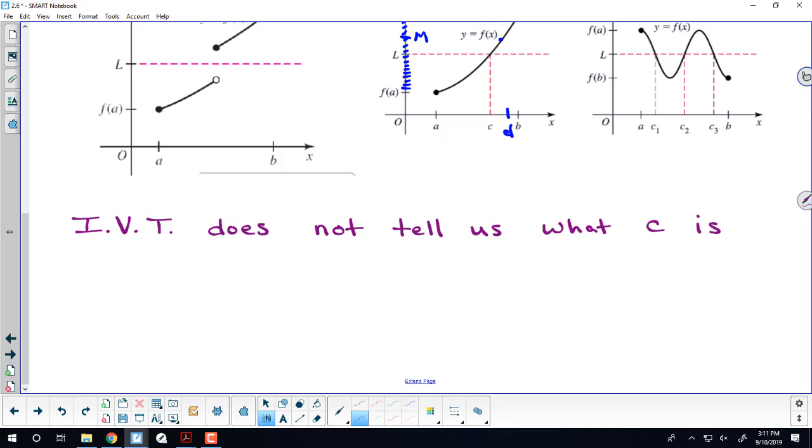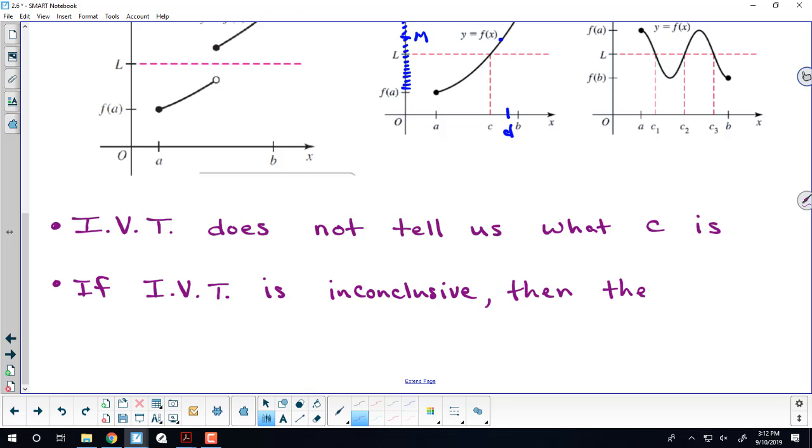Also, if the intermediate value theorem is inconclusive, then there might still be a C that gives you that L, and there might not.